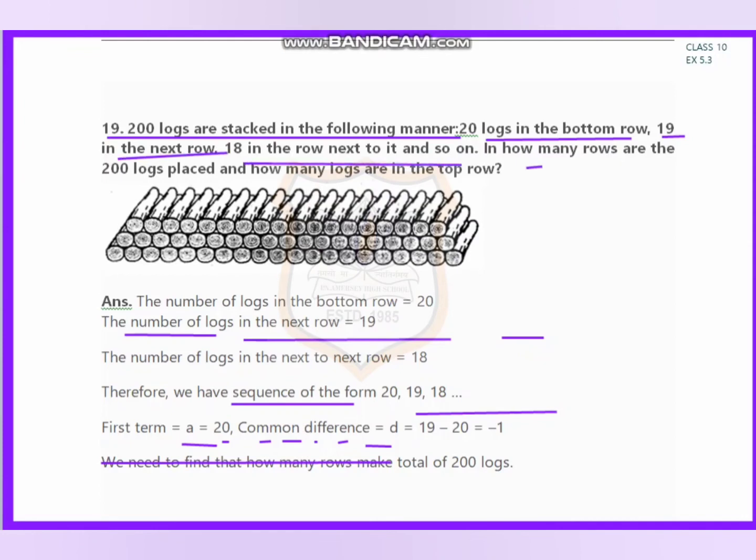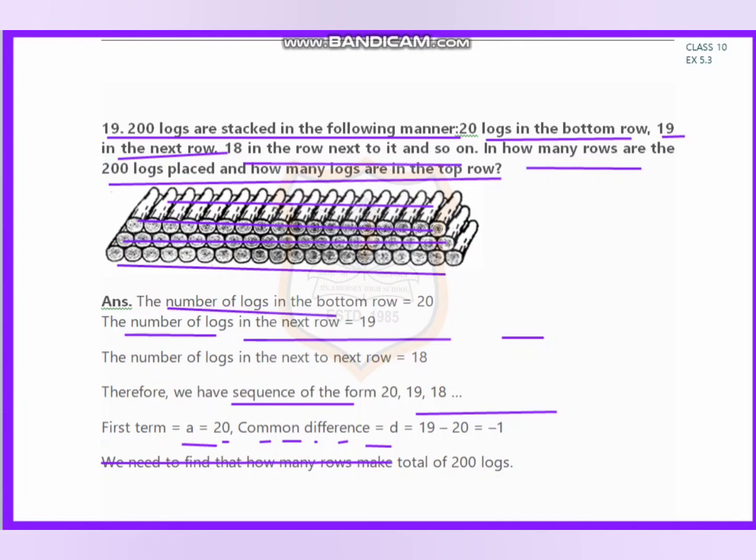How many rows are there for the 200 logs, and how many logs are in the top row? Here in the bottom we have 20 logs, above that 19 logs, above that 18 logs, and above that 17 logs.